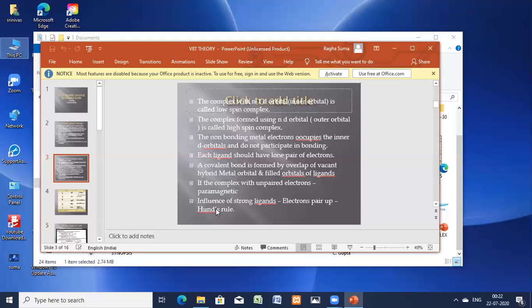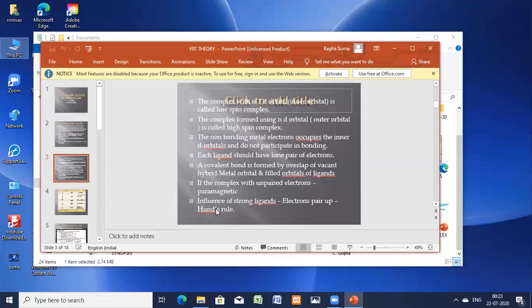For example, P4: P has 4 electrons. First 3 electrons will be filled as px1, py1, pz1. Then only the 4th electron will come into one of the p orbitals. After single filling only, they get doubled up. That is Hund's rule.